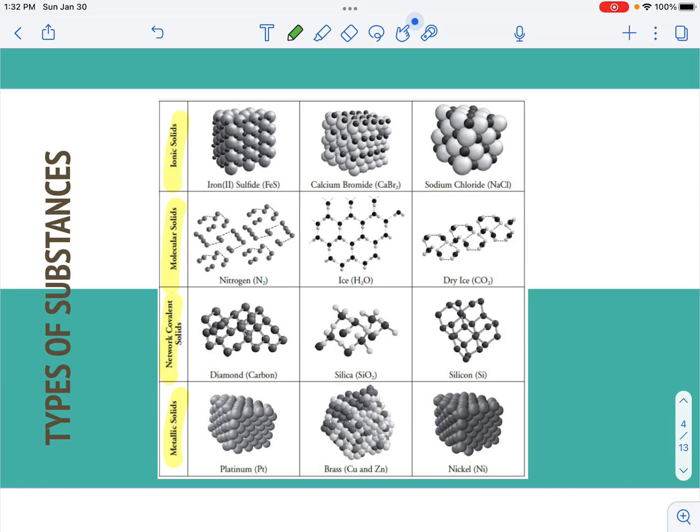But notice that what's missing from what your book includes is amorphous solids and atomic solids. Those two are loosely included in some of this. Most of the time College Board doesn't divide them out.